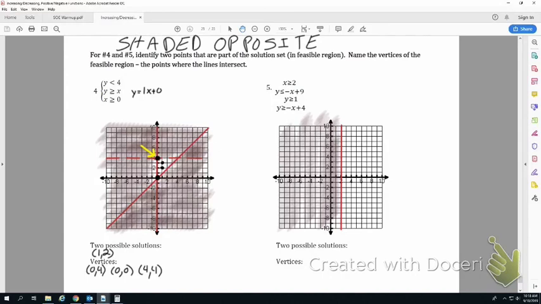Next I have y equals negative x plus 9. So there's my y-intercept at 9. Slope of negative 1. And if it's less than, am I going to shade above or below? Above.